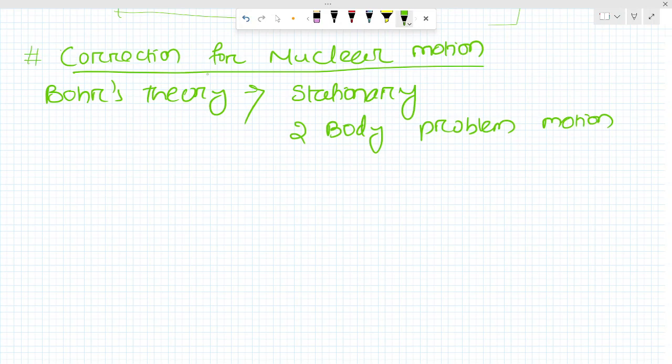In hydrogen atom, both the nucleus and the electron rotate with the same angular velocity.